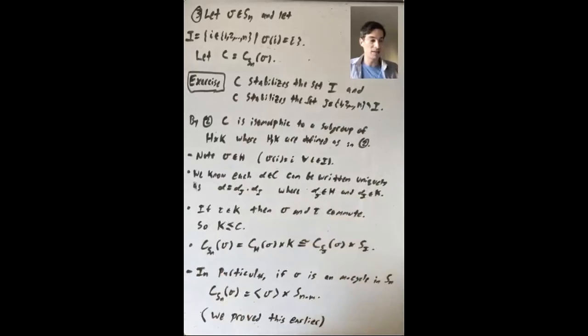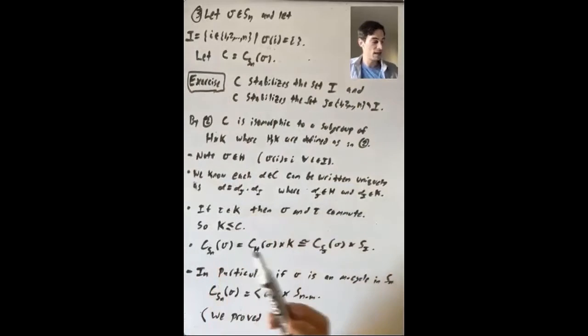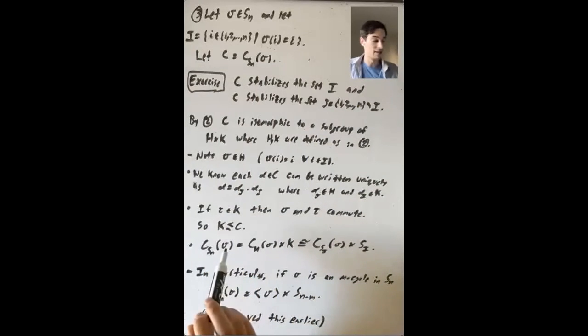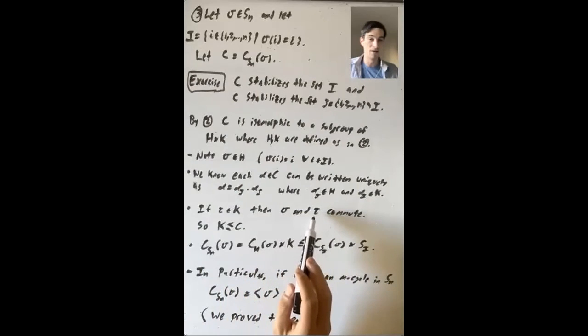So now let's get back to what we know about this centralizer. If tau is in K, what does that mean? Well, that means that tau fixes all of the things that are in 1 up to n, but not in I. And this means that sigma and tau commute, right?